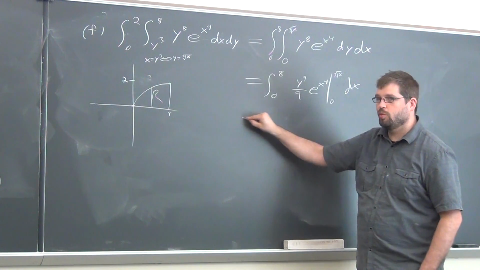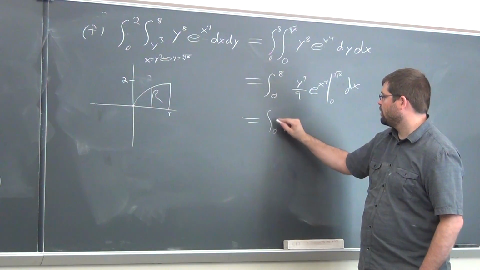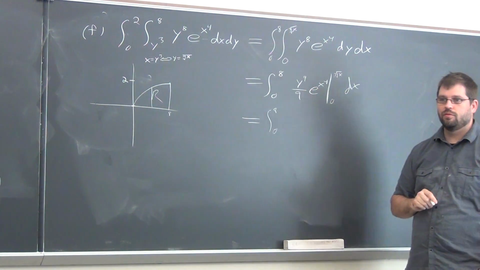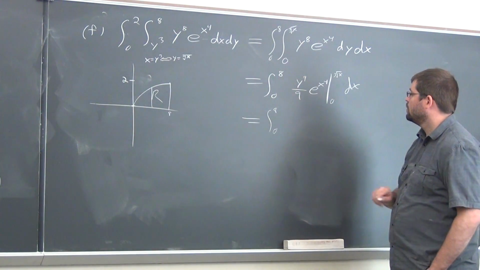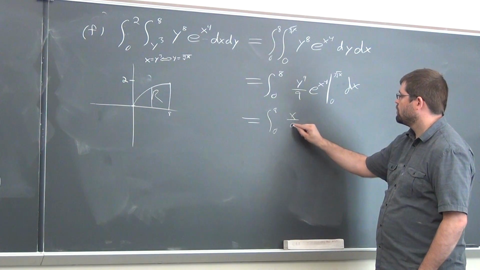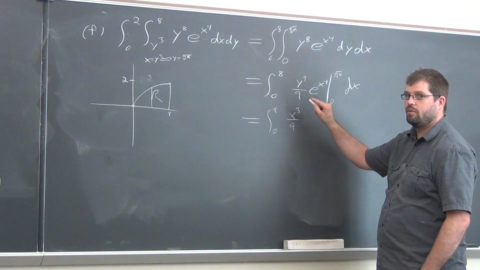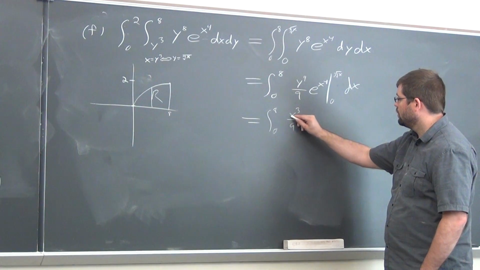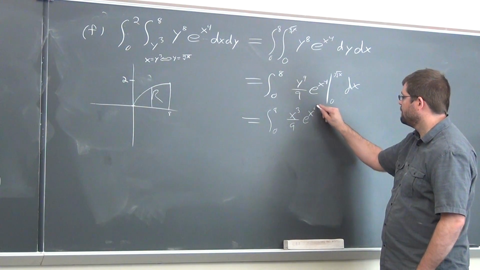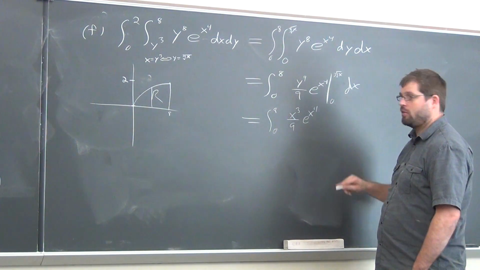So when you plug the cube root in and raise it to the 9th power, what do we end up with? x to the power 3, right? It's 9 times 1/3. So you should get x to the 3rd power, and then e to the x to the 4th, and when you plug in 0, you get 0.